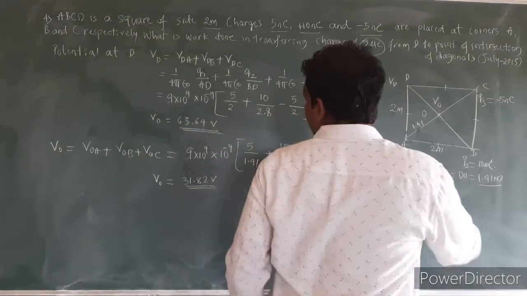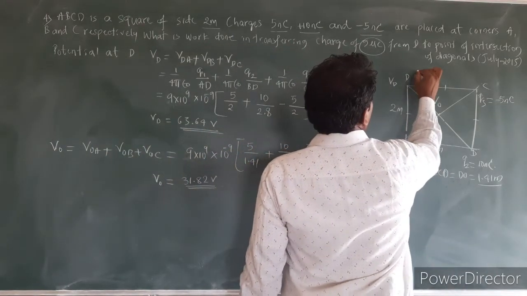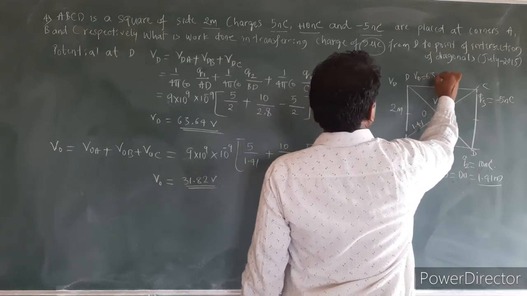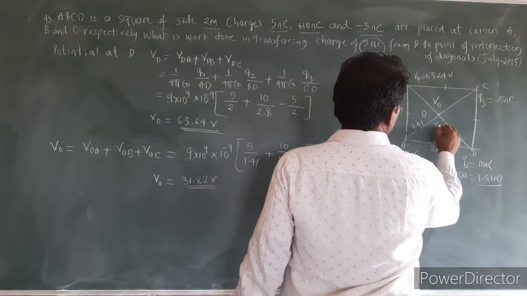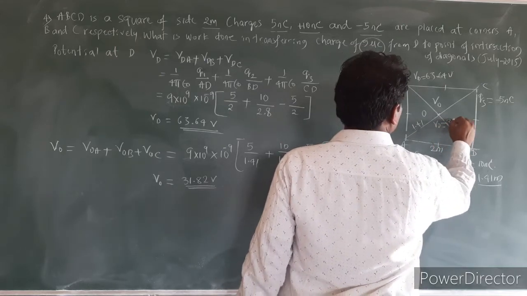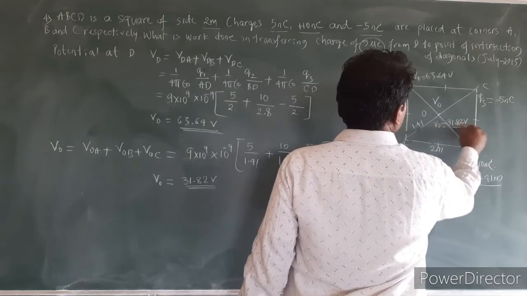Okay, so I have two potentials, one at point D. At point D I have potential of VD is equal to 63.64 volt, and at point O I have VO is equal to 31.82 volts.